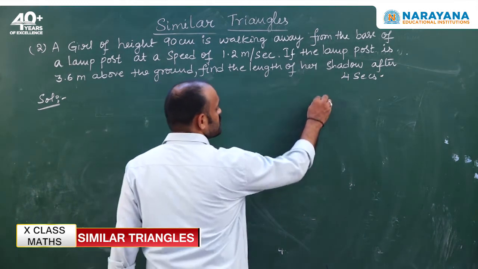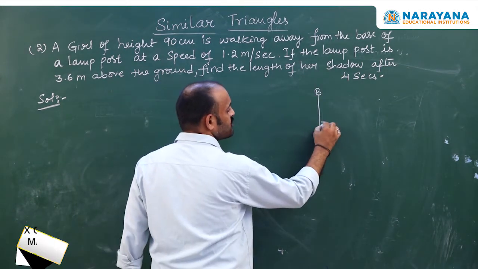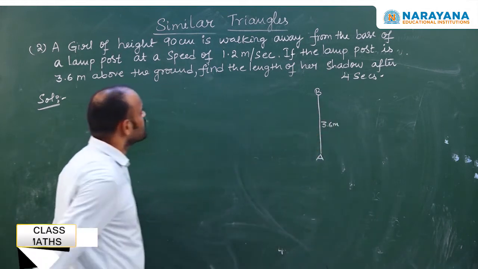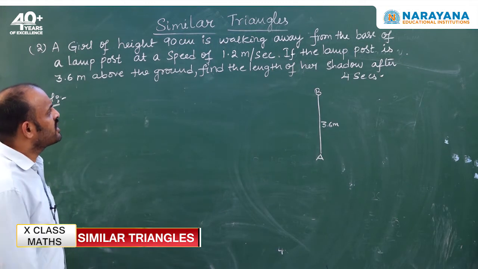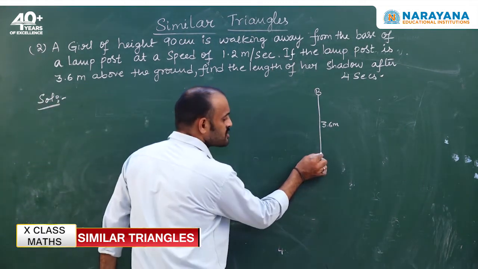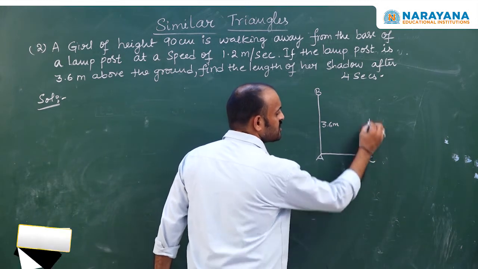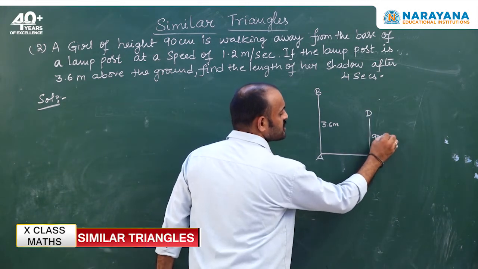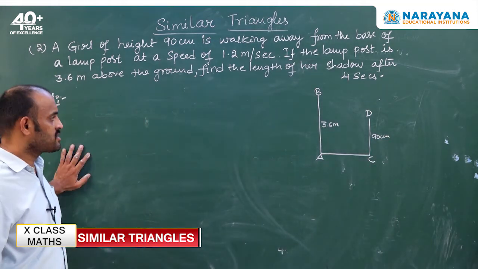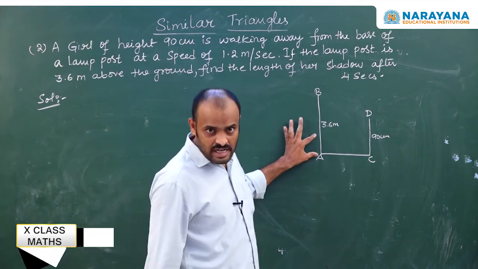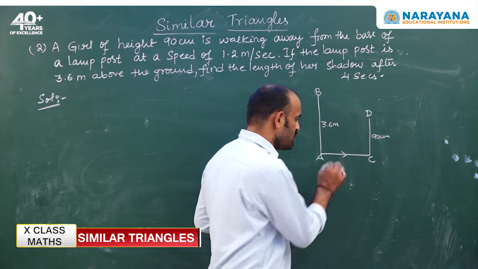There is a lamp post. Let AB be the lamp post, which is 3.6 meters. A girl of height 90 centimeters is walking away from the base of the lamp post, in this direction.